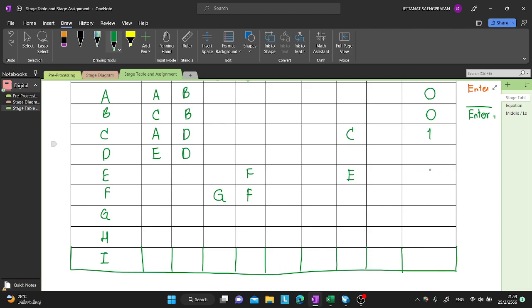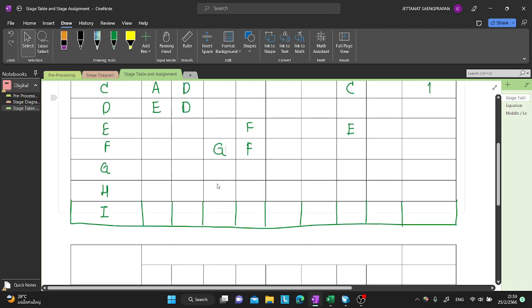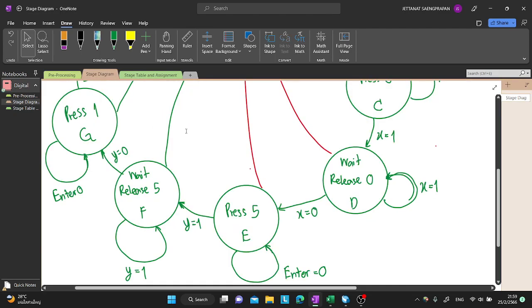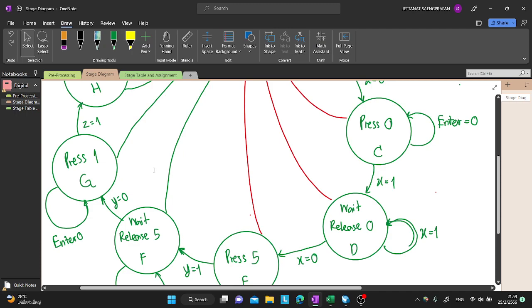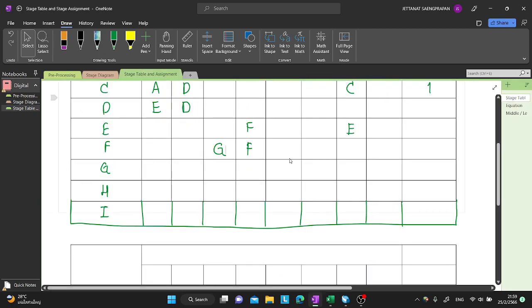So the next stage is stage G. The stage G is still stage G when I'm not pressing any numbers, which is enter is 0.